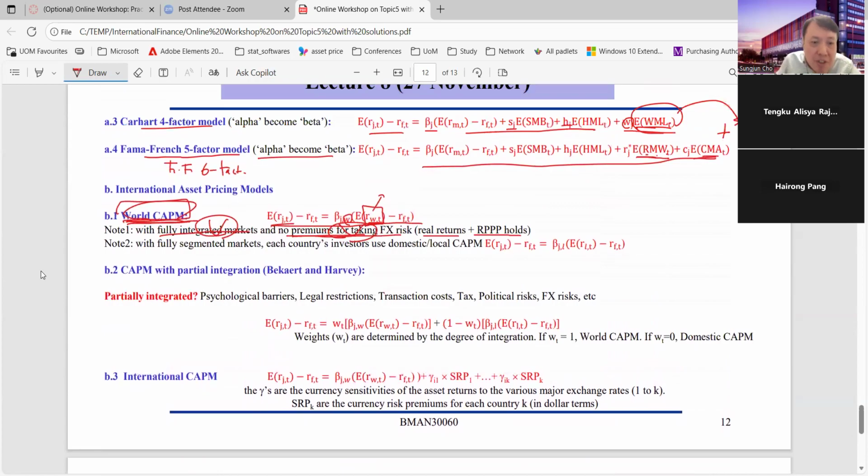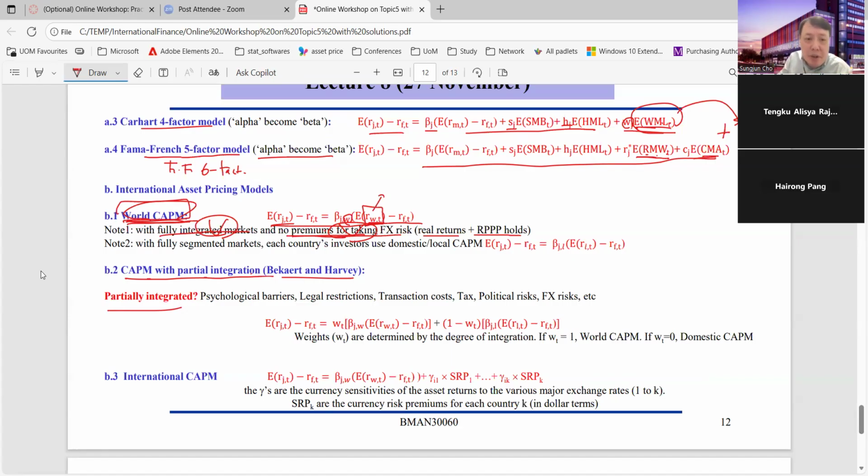What if that assumption is wrong? If markets are not fully integrated, first of all, we can think about CAPM with partial integration. This is the Baker-Harvey model we talked about. Why are markets partially integrated? Because you, as a domestic investor, hesitate to invest in the international market since it is not familiar to you.